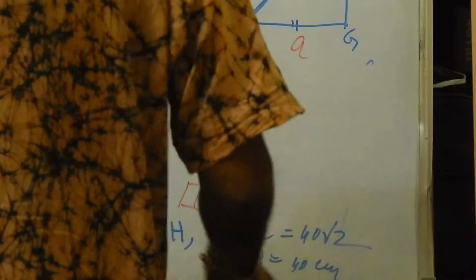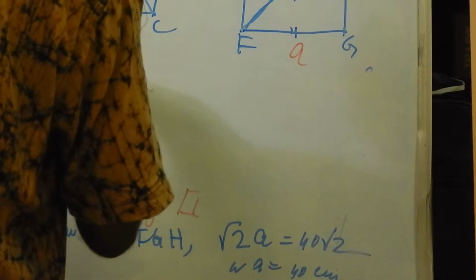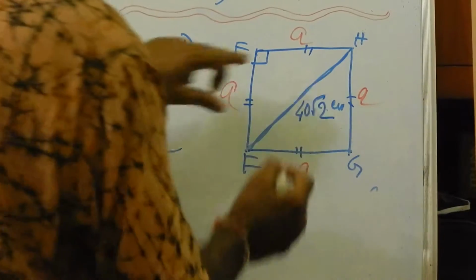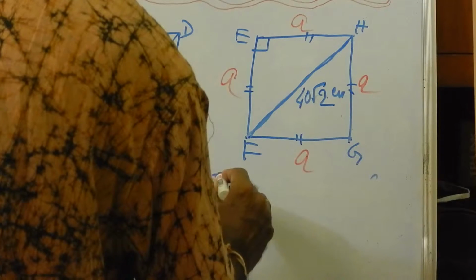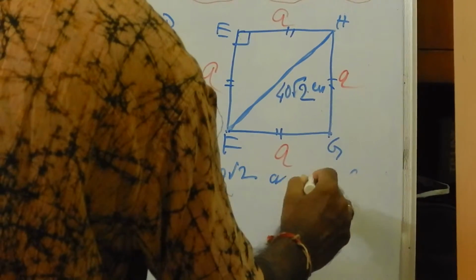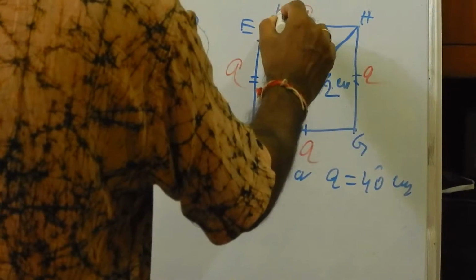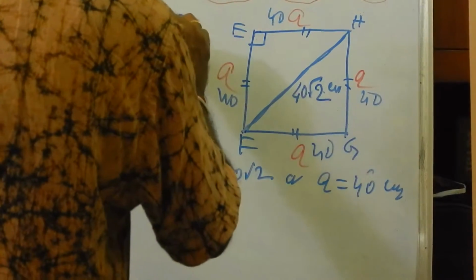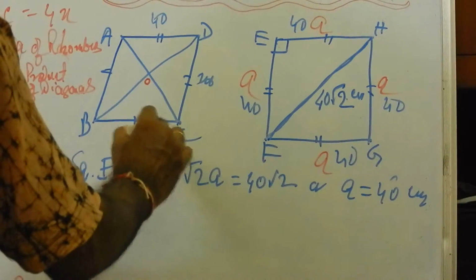I again repeat, from square EFGH, √2A equal to 40√2, or A equal to 40 centimeter. So this is 40, this is 40, and all these are 40 because the lengths are the same.